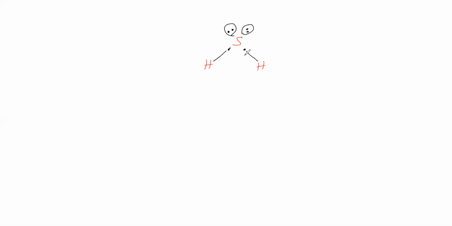Sir, now we'll see the H2S bond angle. The bond angle of H2S is nearly 92 degrees. If you see water, the bond angle is 104.5 degrees. In water, oxygen is having two lone pairs.